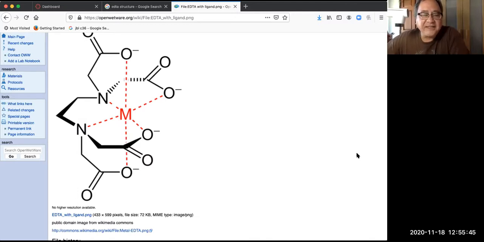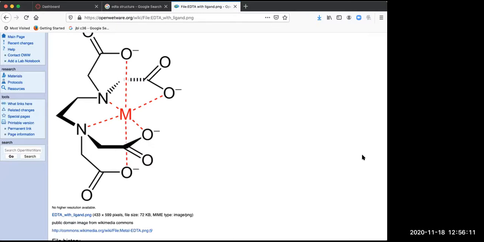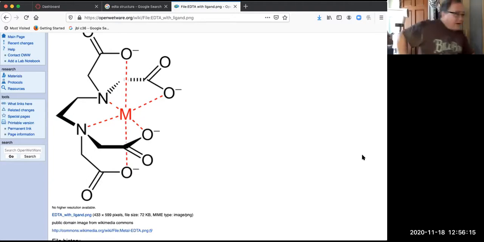Based on 6 pair, what's the electron pair geometry called? Think of your answer, and when you have it, give me a thumbs up.